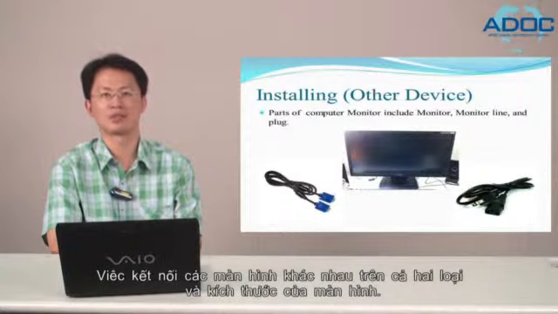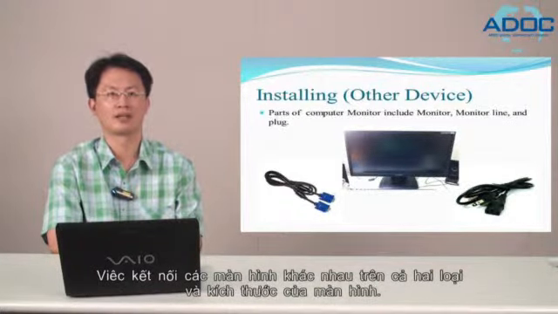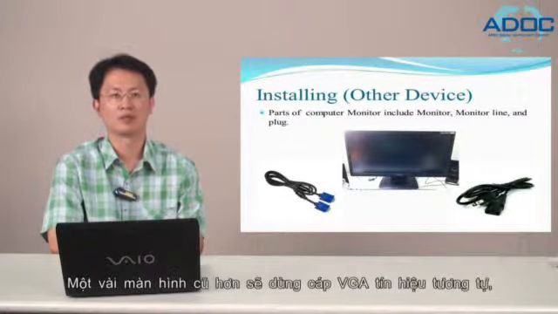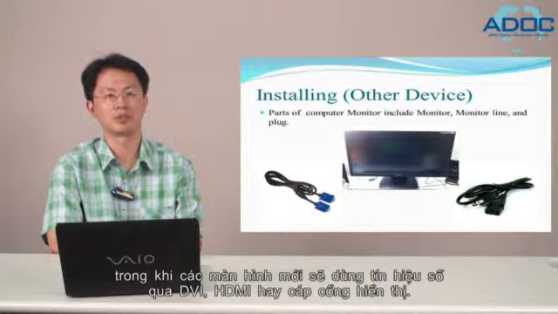Monitor connections vary in both the type and size of the monitors. Some older monitors will use an analog VGA cable, while newer monitors will use a digital signal over DVI, HDMI, or DisplayPort cables.